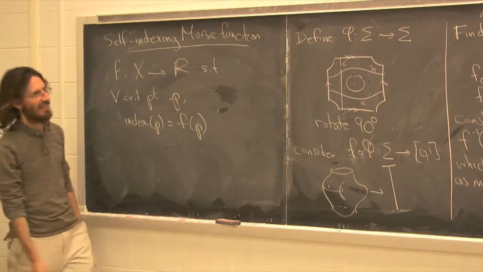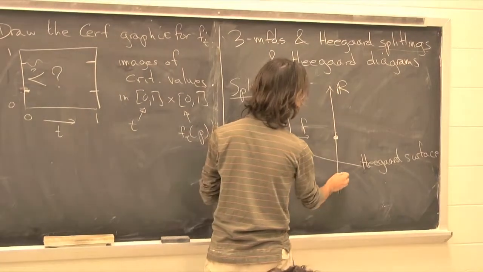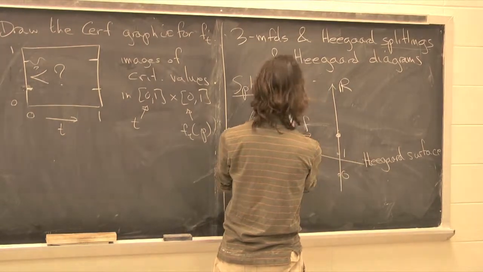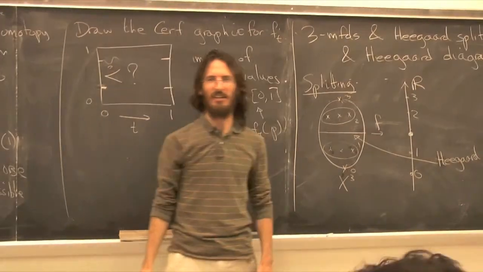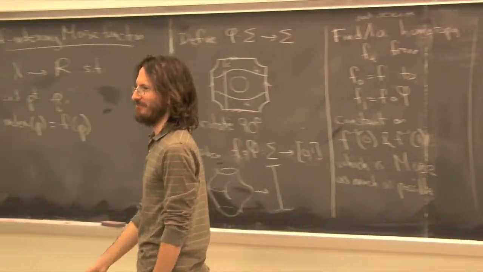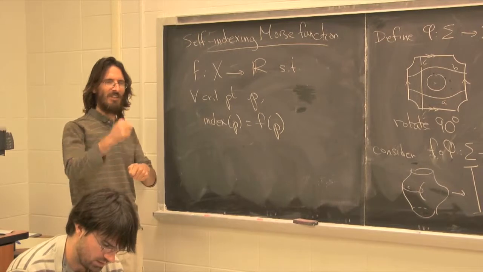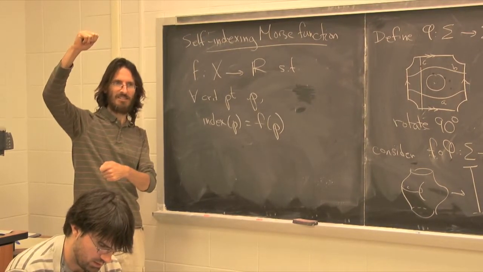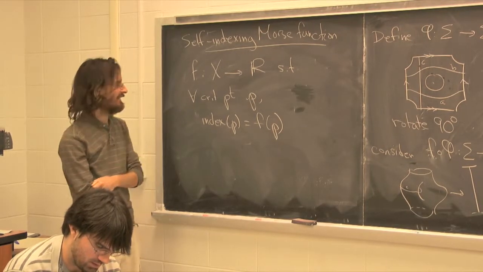Okay, so that would mean that for it to be self-indexing, f of the index 0 critical point is 0. And f of the index 1 critical point is 1, f of all the index 2 critical points are 2, f of all the index 3 critical points are 3. And that's just a convenience, but it presumes knowing that you can sort all the critical points by index, and that you can put all the ones of the same index at the same height.